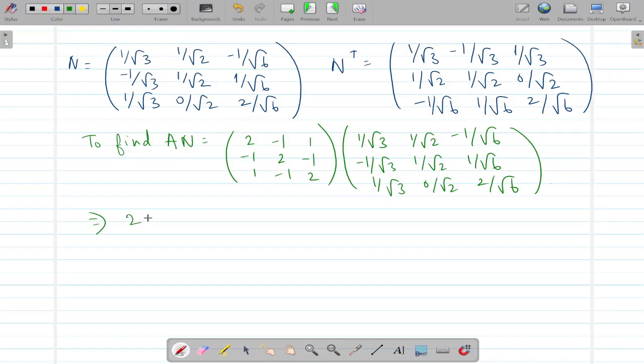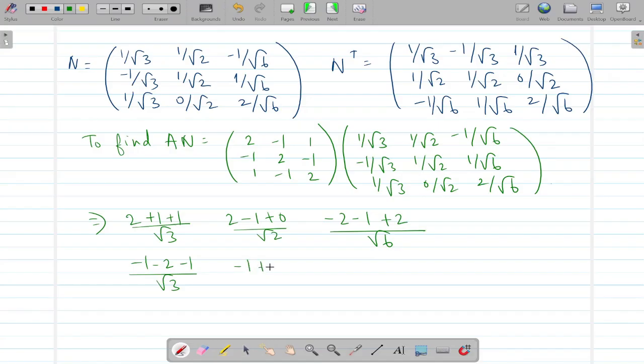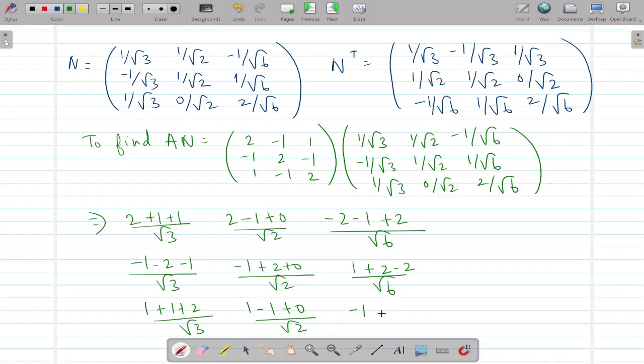So 2 plus 1 plus 1 by root 3, 2 minus 1 plus 0 by root 2, minus 2 minus 1 plus 2 by root 6, then minus 1 minus 2 minus 1 by root 3, minus 1 plus 2 plus 0 by root 2, 1 plus 2 minus 2 by root 6, then 1 plus 1 plus 2 by root 3, 1 minus 1 plus 0 by root 2, minus 1 plus 4 by root 6.